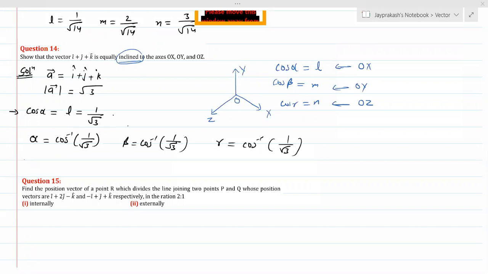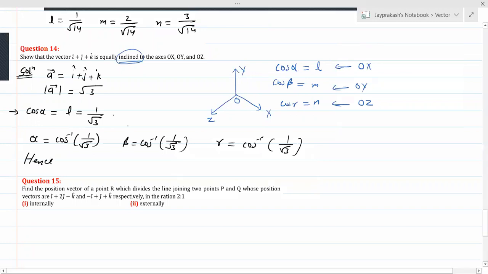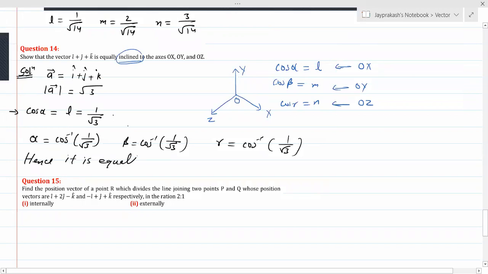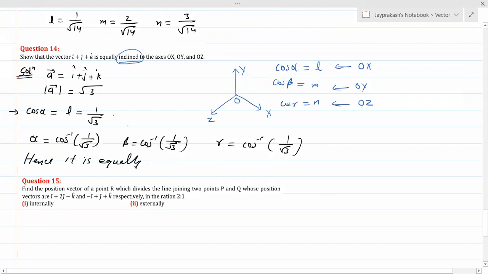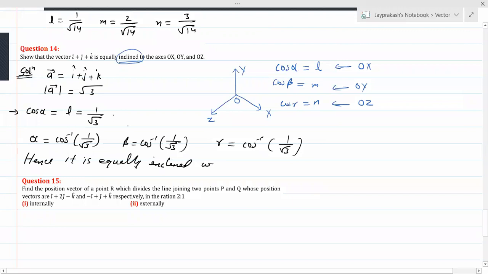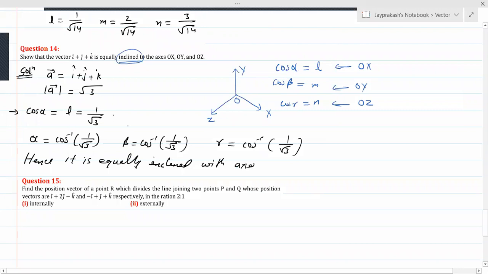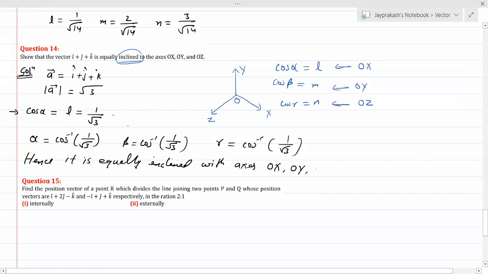So we will write here, hence, it is equally inclined with the axes OX, OY and OZ.